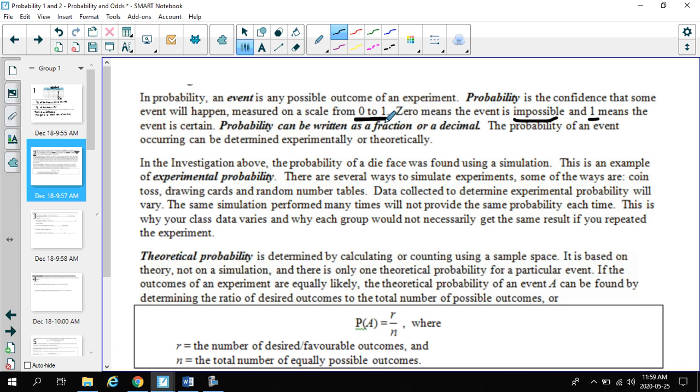So probability can be written as a fraction or a decimal. So again, that's going to be either a fraction like 1/2, or a decimal between 0 and 1. So the probability of an event occurring can be determined experimentally or theoretically. So the big thing with this is usually when we're talking about probability, we're not going to use percentages.